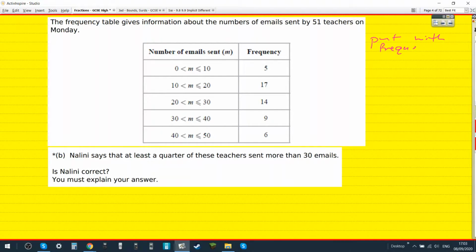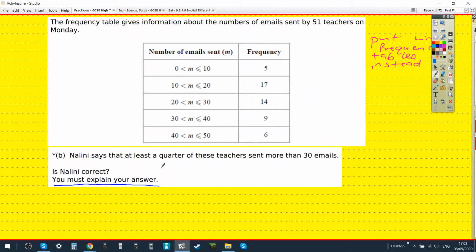She's correct. Why is that? You must explain your answer. Because one says 40 is smaller than M, and then M is smaller and equal to 50.